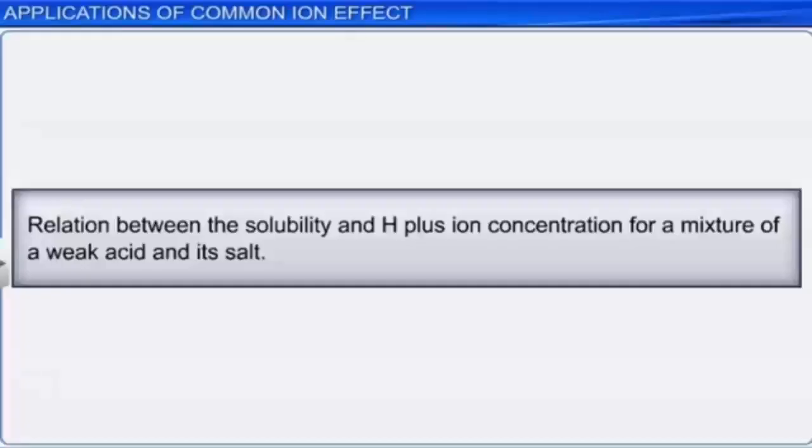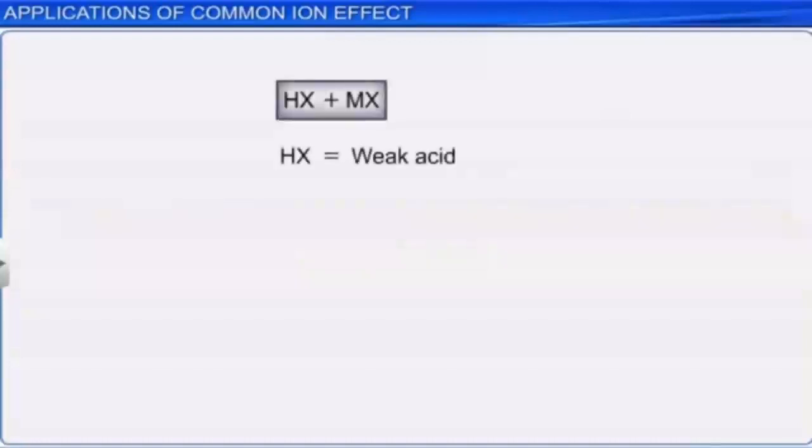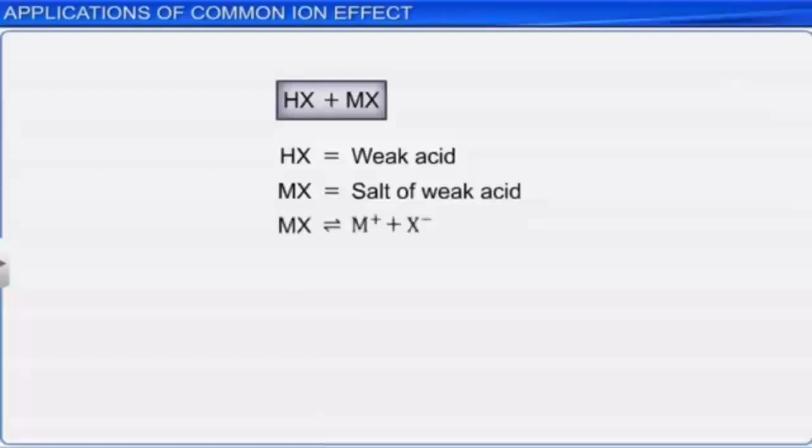Now, let's derive a relation between the solubility and H⁺ ion concentration for a mixture of a weak acid and its salt. Let's take a mixture of weak acid HX and its salt MX. MX ionizes to give M⁺ ions and X⁻ ions. Then Ksp is equal to the product of molar concentration of M⁺ ions and X⁻ ions.